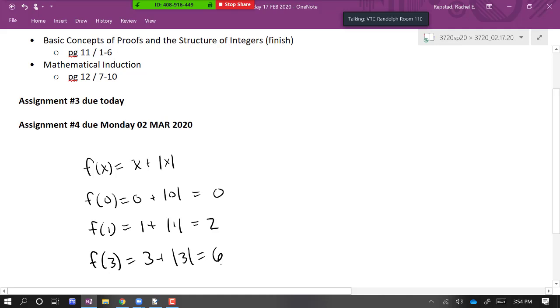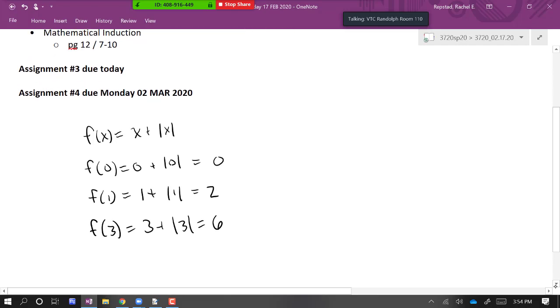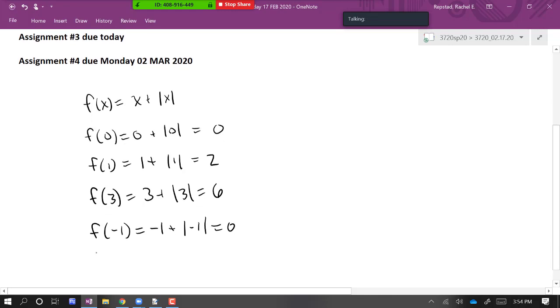What does it do to the output, essentially? Doubles it. Yeah. Does it do that to all outputs? No, negatives will cancel them out into 0. Right. So f of negative 1, what do we get there? 0. Let's plug in another negative.